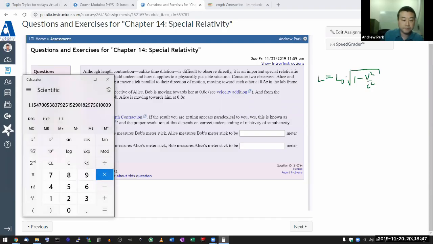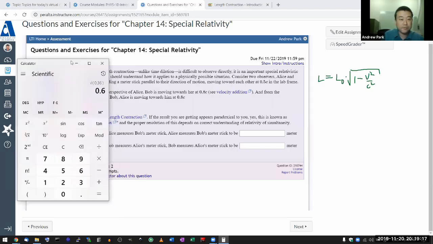So 0.8 squared, put that into memory, 1 minus that thing in the memory equals 0.36. Take the square root, 0.6 again. So that's my 1 over gamma. Multiply that to the meter stick. It's a meter long in its own reference frame, so multiply it by 1.